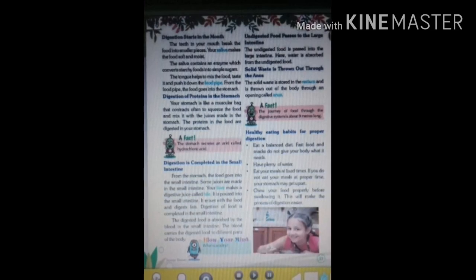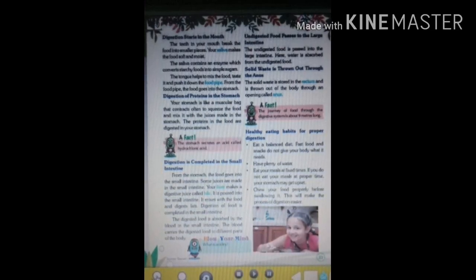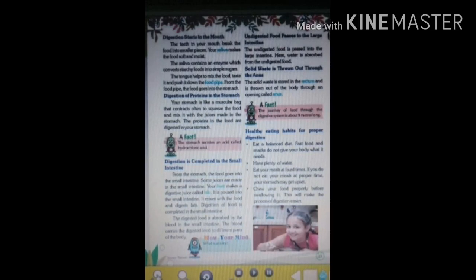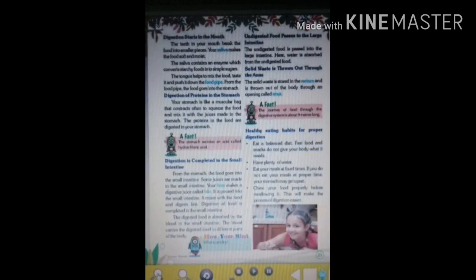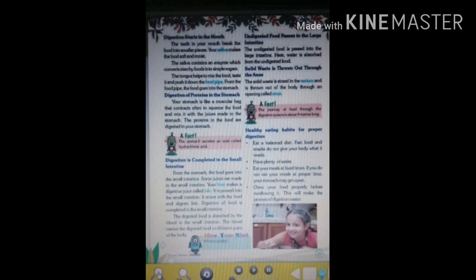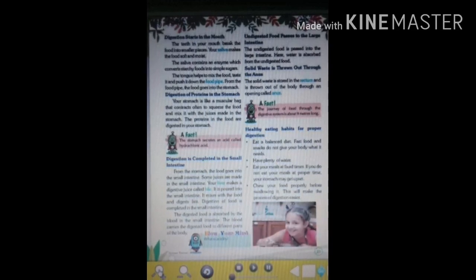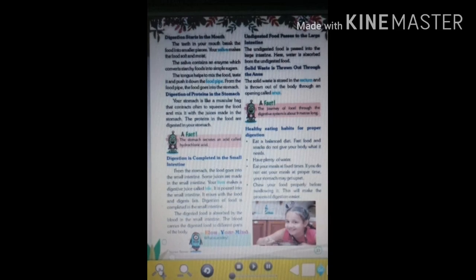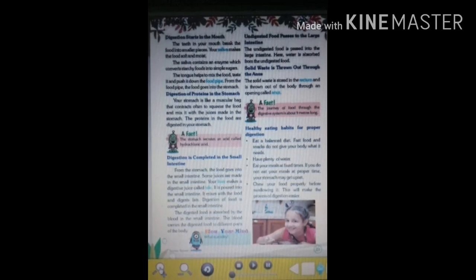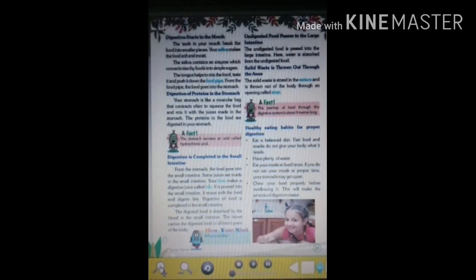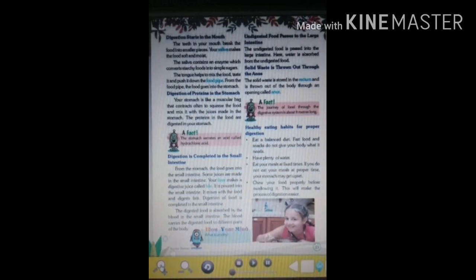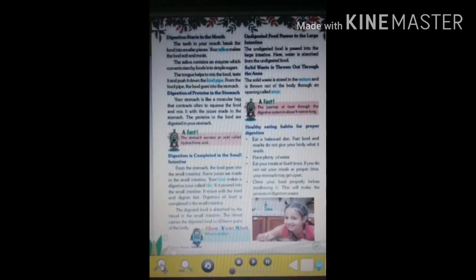Next, the solid waste is stored in the rectum and is thrown out of the body through an opening called anus. The journey of food through the digestive system is about 9 meters long.